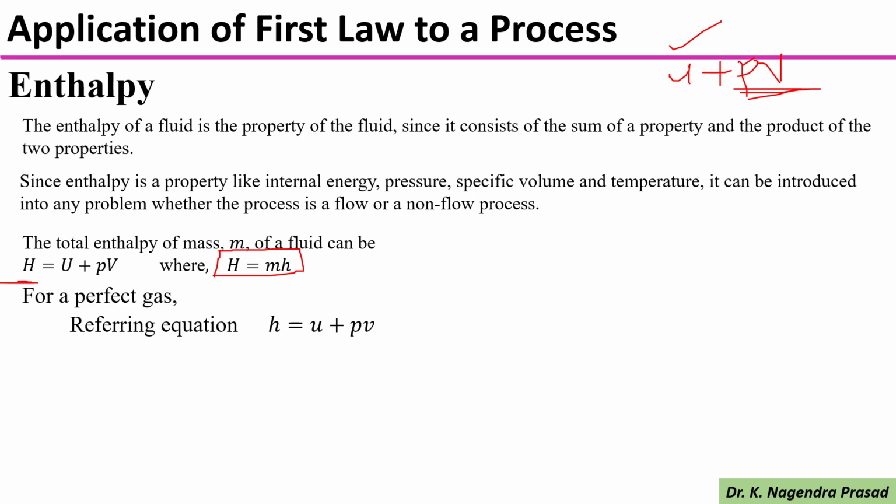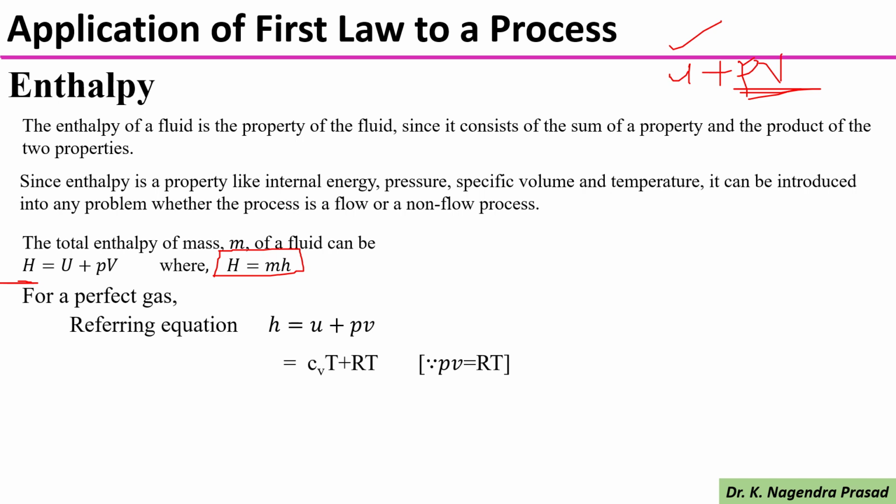Let's see the enthalpy of a perfect gas. Enthalpy h equals u plus PV, and we know that the internal energy of a perfect gas is m Cv delta T, where m is the unit mass we are considering. So internal energy is Cv T, and we know that PV equals mRT, where m equals 1, then PV equals RT.